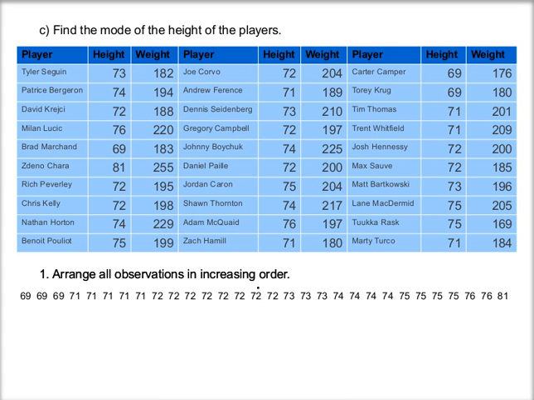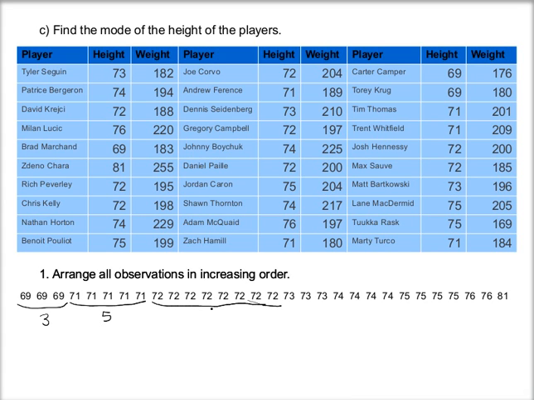And part C is to find the mode height of the players, and again we're going to start out by arranging all the observations in increasing order, and this time we're looking for which value occurs most often. So let's just count here. I've got 3 69s, I've got 1, 2, 3, 4, 5 72s, 1, 2, 3, 4, 5, 6, 7, looks like I have 8.